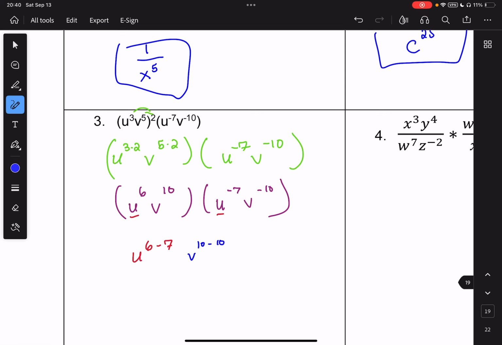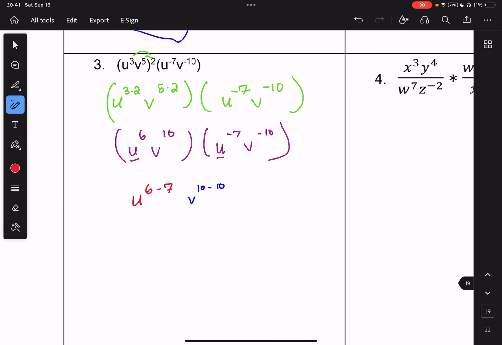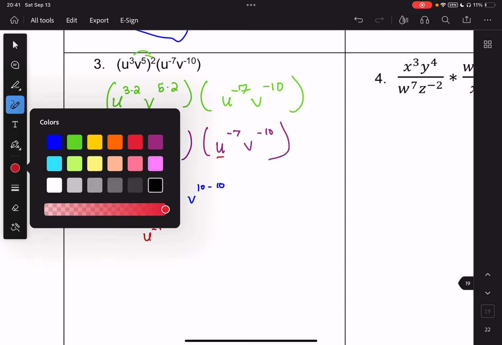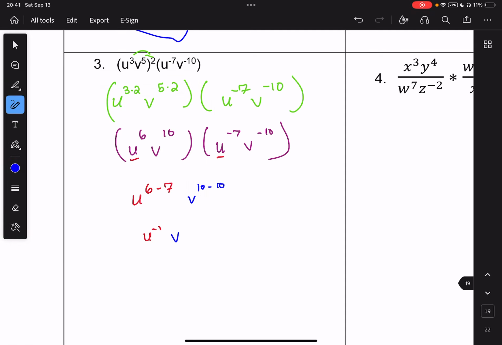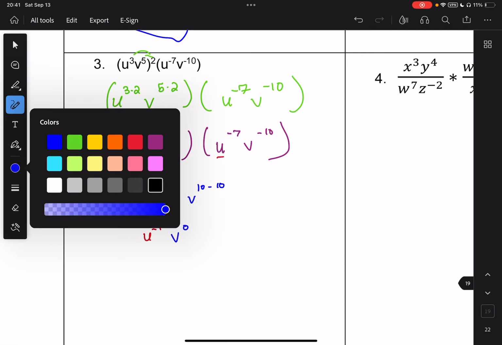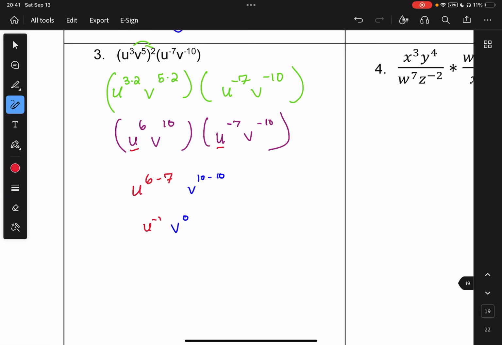So u to the 6 minus 7 becomes u to the -1, and then v to the 10 minus 10, or 0. So remember how I said before, anything with a negative exponent becomes 1 over the exponent, and then anything to the 0 power just becomes 1. So our final answer is 1 over u.